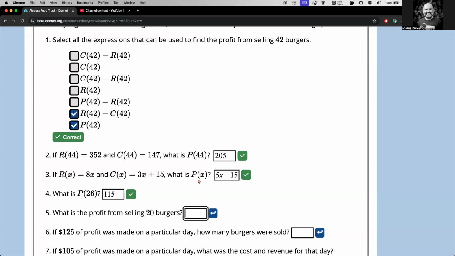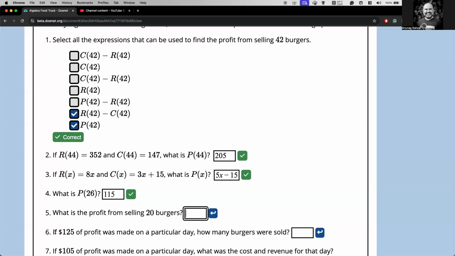That's not what you said. What you said was plug 20 in for P of X. What should you have said? Correct. Do we understand the difference between the two statements? You're replacing X with 20 in the P of X function versus replacing P of X with 20.